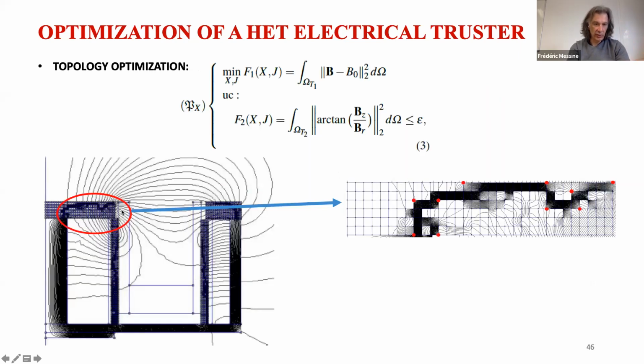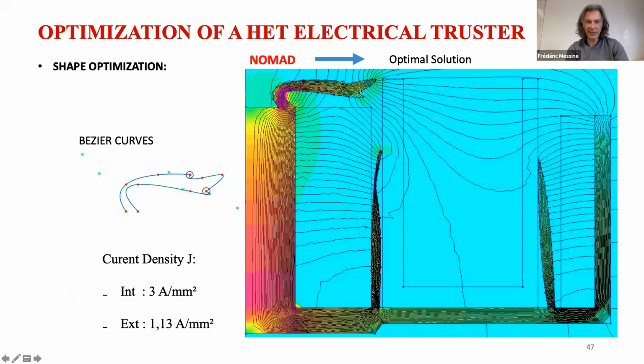Just to show you a kind of solution like this, it's difficult to construct, but you can take some points and make some shape optimization after that, which will also be quite difficult to make a concrete thruster with. We can use Bezier curves to do that.